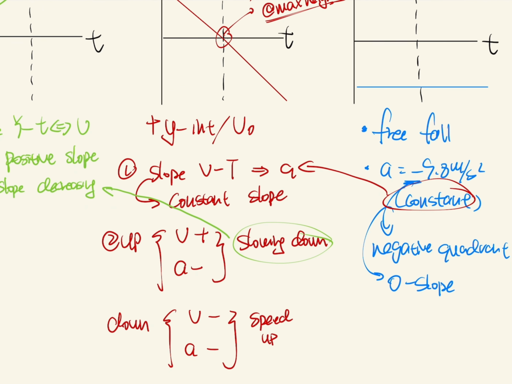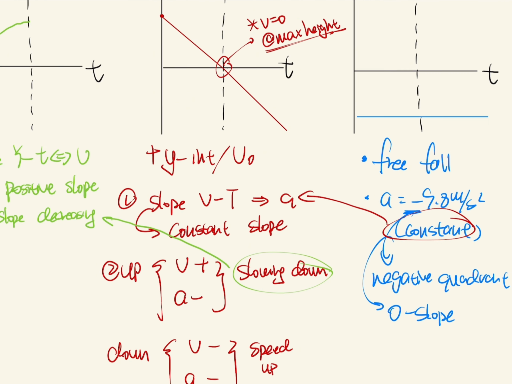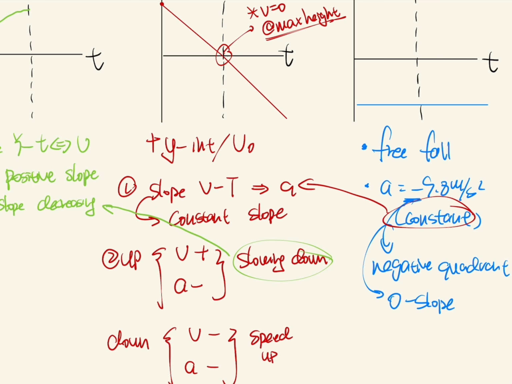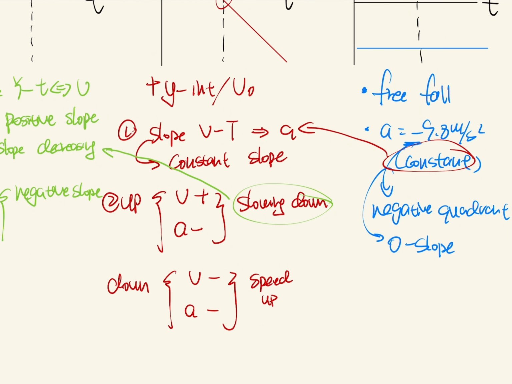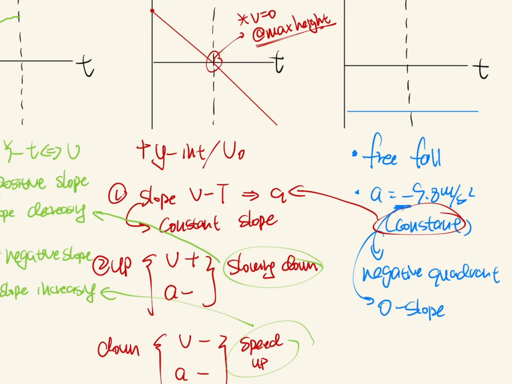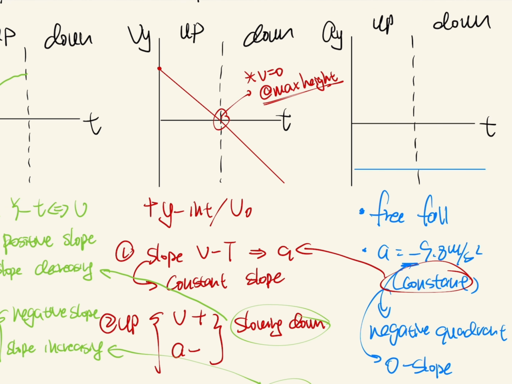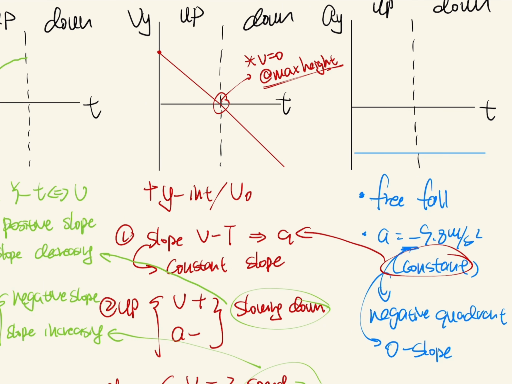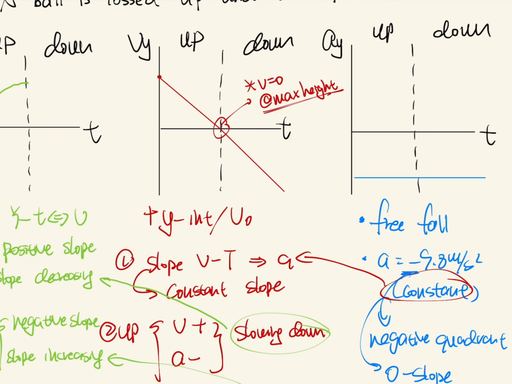On the other hand, when it's going down, we know the direction is to the negative. So we would have a negative slope. And since we know it's speeding up, the slope would be increasing. And what does it mean by increasing slope?